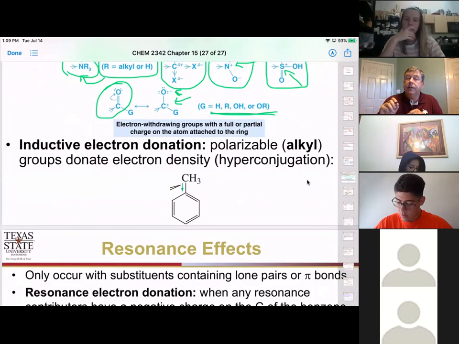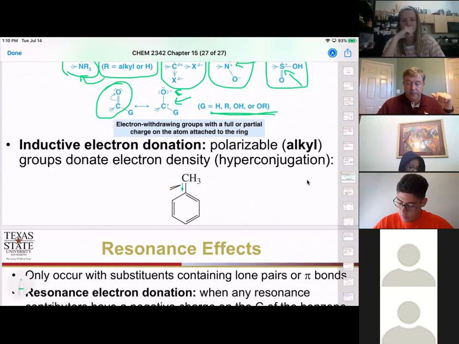Remember, hyperconjugation has to do with the sp3 hybridized orbitals overlapping with the p orbital. Go back and look in the book if you don't remember the word hyperconjugation. So our alkyl groups have that little bit of donation, and so we tend to call them very weak electron donating groups.